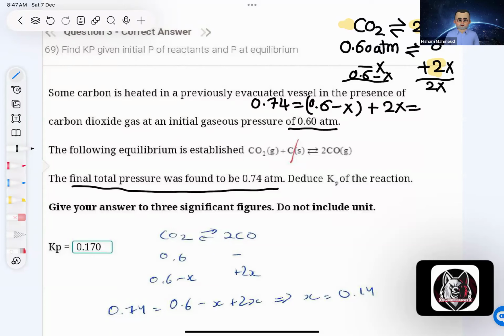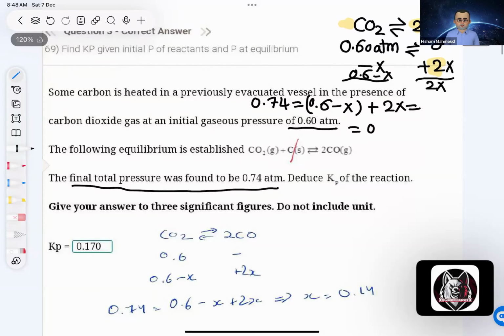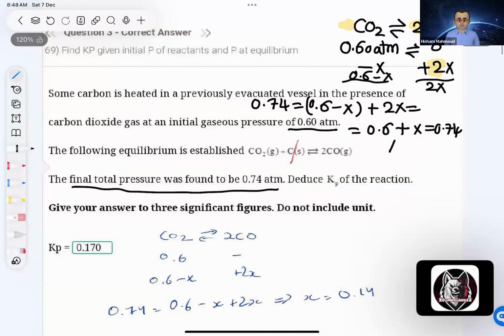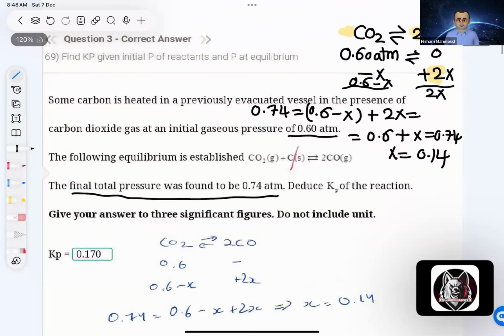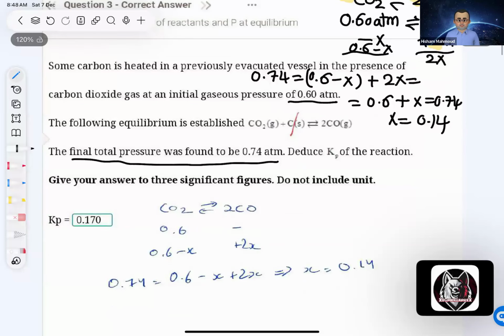Is that right, Yassin? 0.6 minus x plus 2x means 0.6 plus x is equal to 0.74. So I can find x is equal to 0.14. Now I have 0.14. What is the pressure of CO2, Miriam?